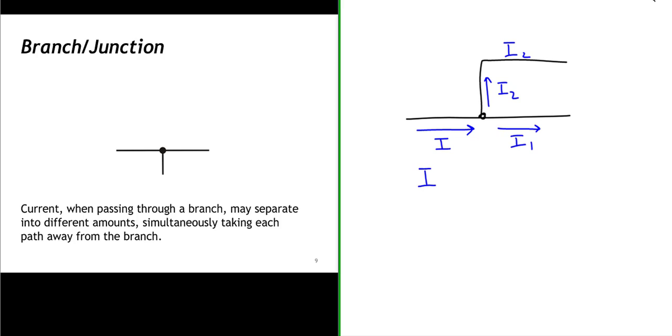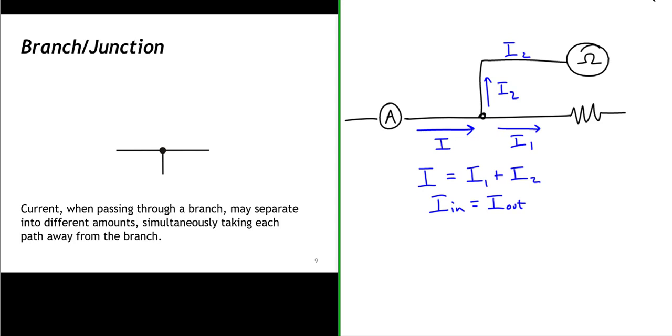So the total current in must be equal to the total current out. So I in equals I out. And in the case of our ammeter, ohmmeter, and resistor, the ammeter then is measuring the total current through the combination of the ohmmeter and the resistor.